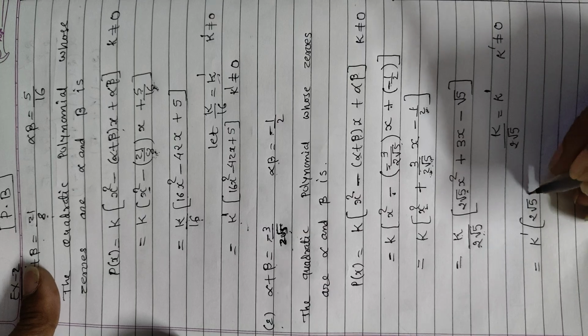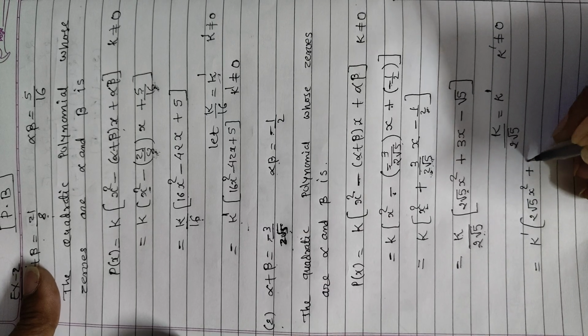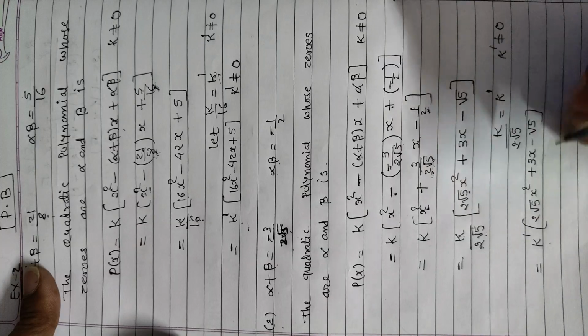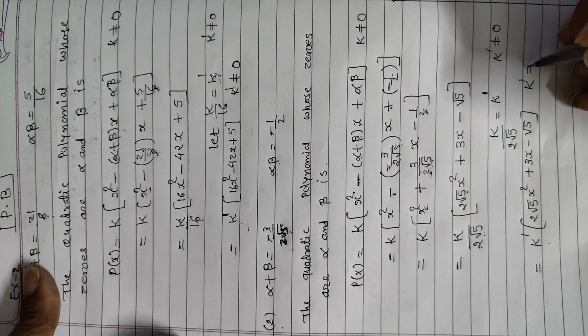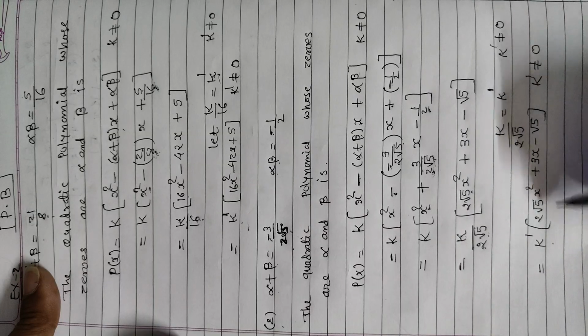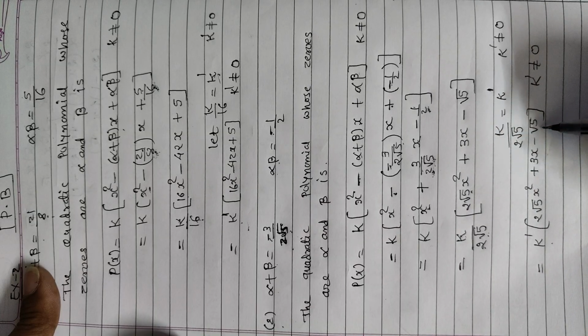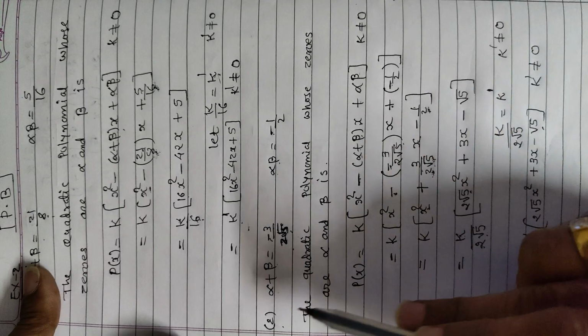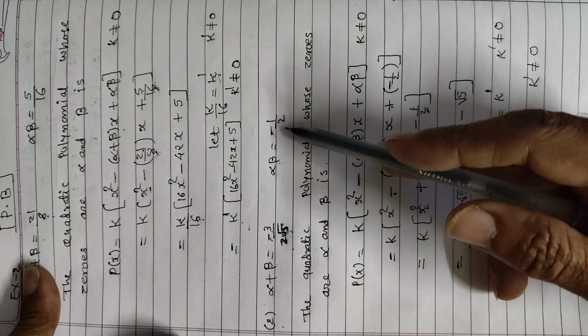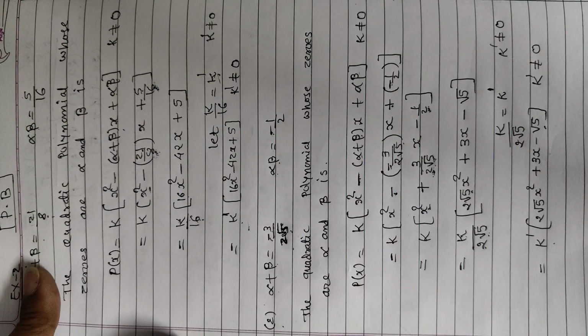The bracket will not be changed, write as it is. And in the last, k dash is not equal to 0. So this is the required quadratic polynomial whose sum of two zeros is given and product of these two zeros is this much.